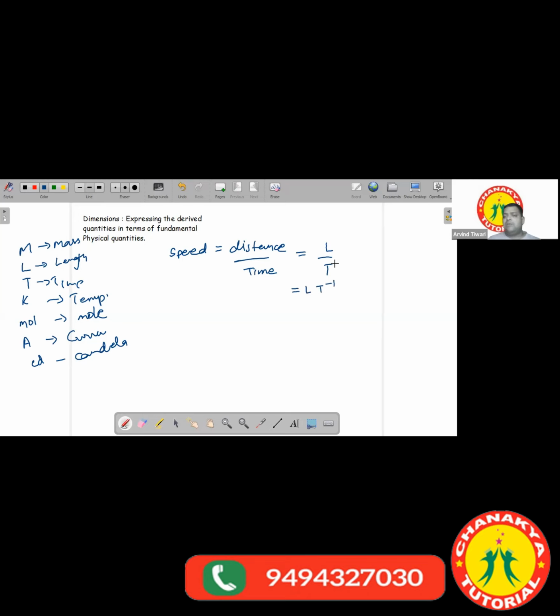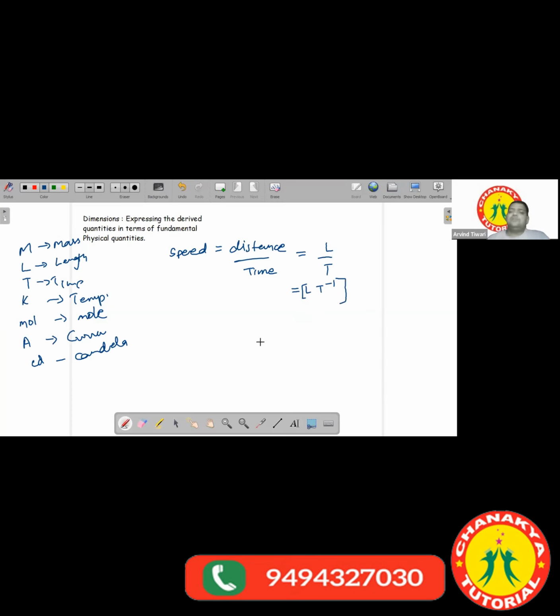T here is power plus 1 in the denominator; when it goes to the numerator, it becomes LT minus 1. So the dimensions of speed would be LT minus 1. And all this dimensional formula will be written in square brackets.